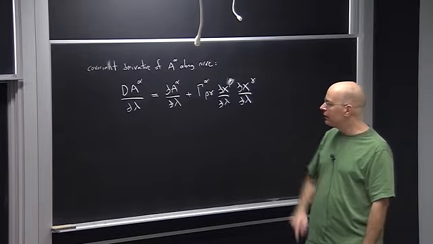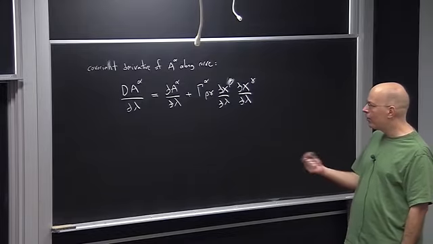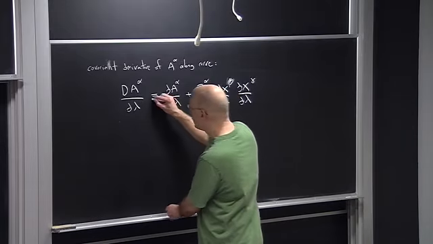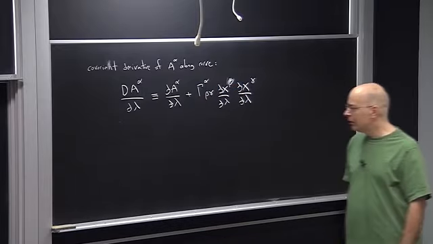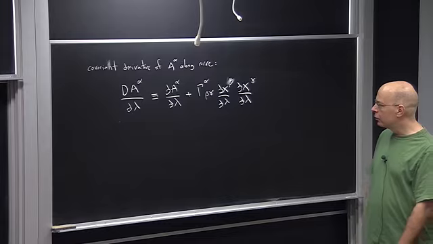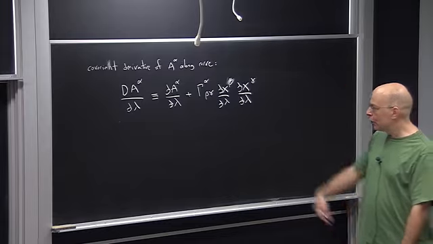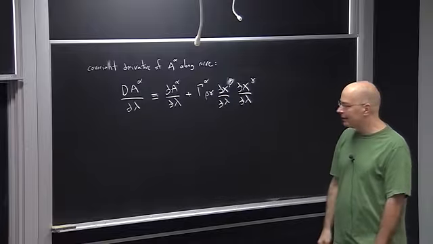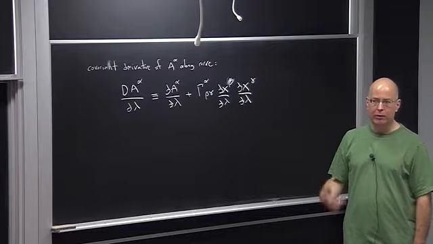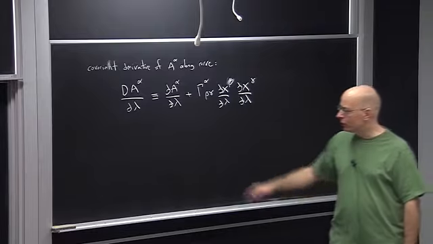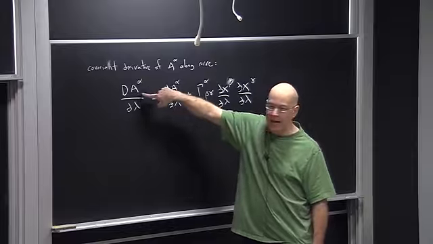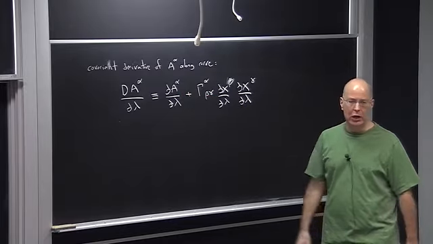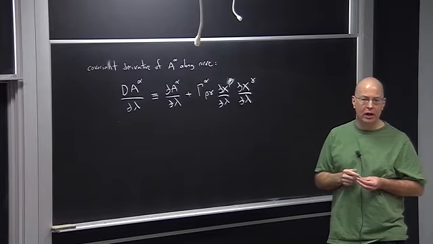So the connection is the rule that tells us how to combine vectors at different points, and the covariant derivative of A at that point is then the straightforward derivative of the functions divided by lambda, but then we had to add this stuff in order to make everything properly tensorial and to make sure that this, for example, transforms as a vector, because this or that separately don't, but the combination of both does.